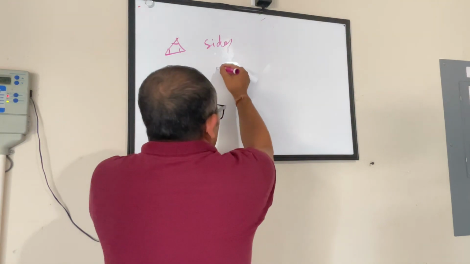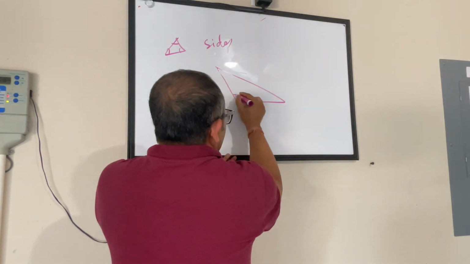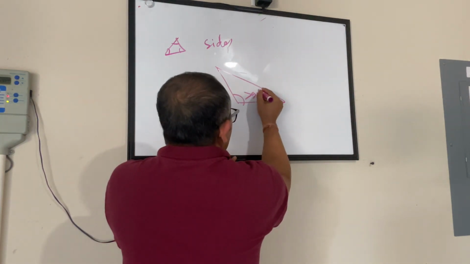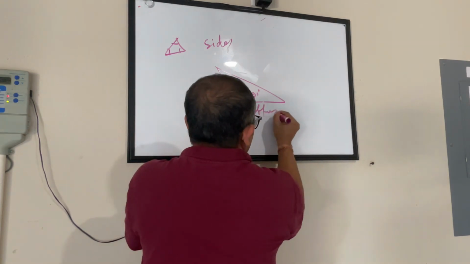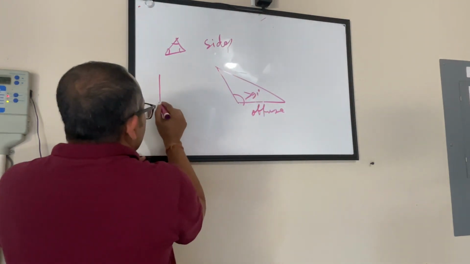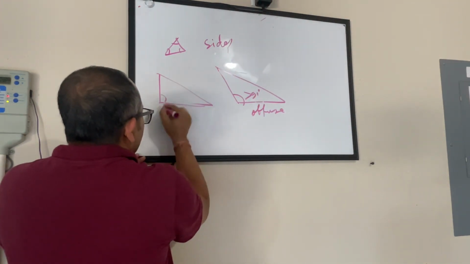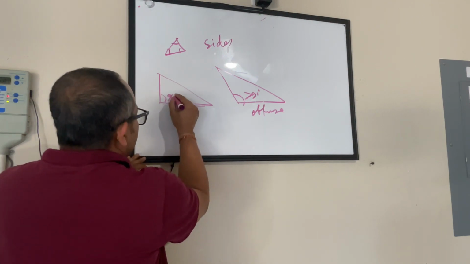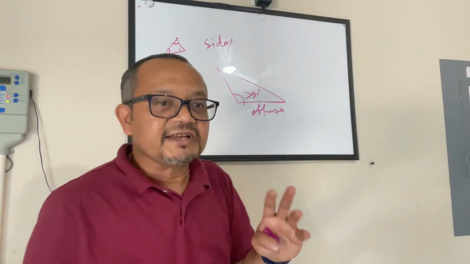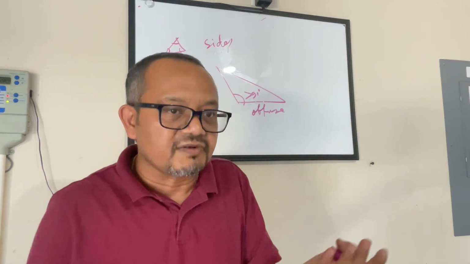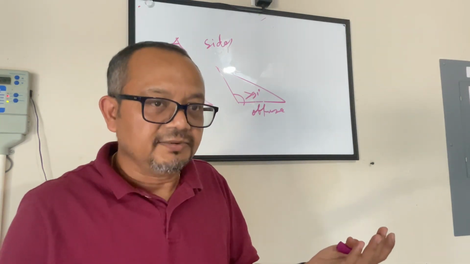If a triangle has one of the angles greater than 90 degrees, that is an obtuse angle triangle. If one of the angles of the triangle is 90 degrees, that's called a right angle triangle or right triangle, whatever you call it.